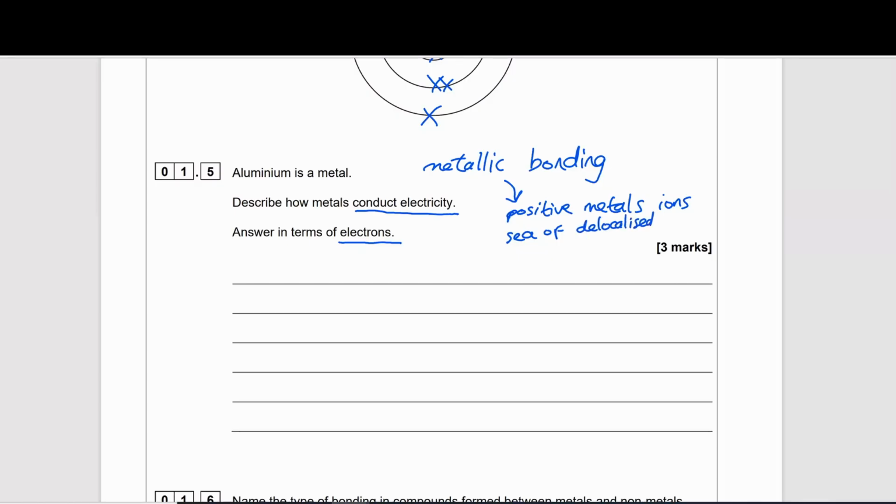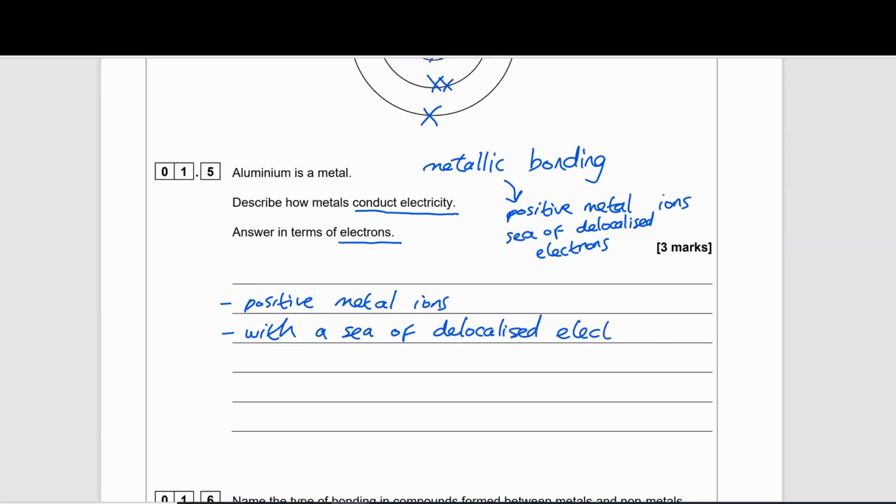So let's use that to start formulating our answer here. Positive metal ions with a sea of delocalized electrons. But we haven't spoken about the conducting electricity.